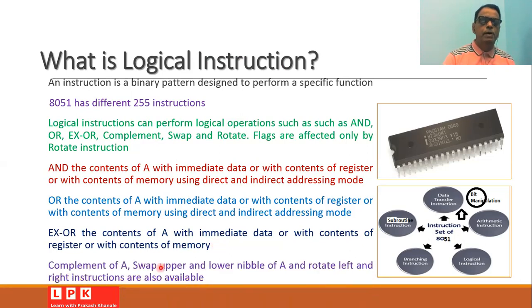We can also complement the content of the accumulator, swap, that is interchange, the upper and lower nibble of the accumulator, and rotate the content of the accumulator to the left or to the right. For all of such operations, logical instructions are available with the microcontroller unit 8051.